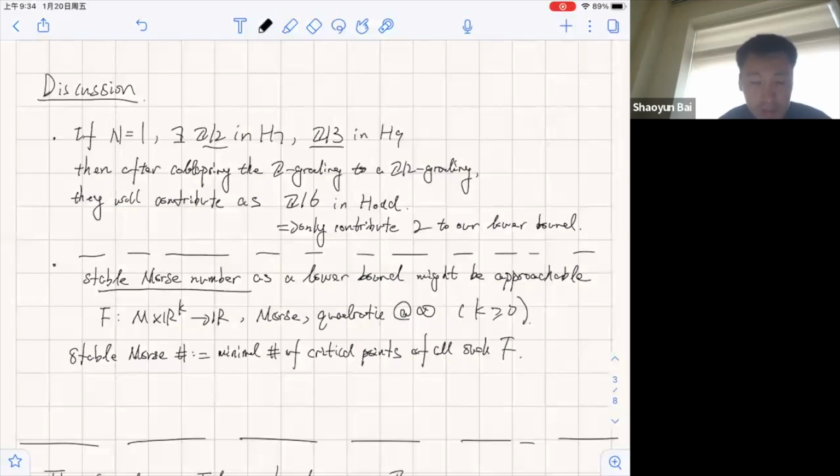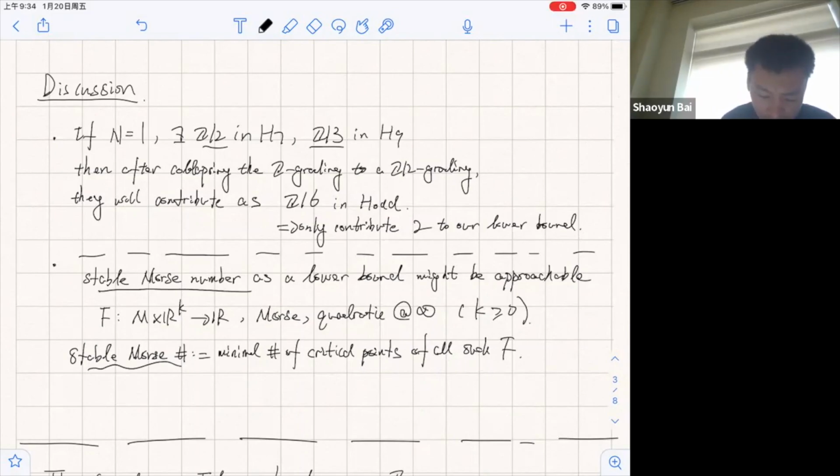And then you could conjecture that such a number could serve as a lower bound for the number of one periodic orbits of a non-degenerate Hamiltonian on our manifold. So why do I think it might be approachable?